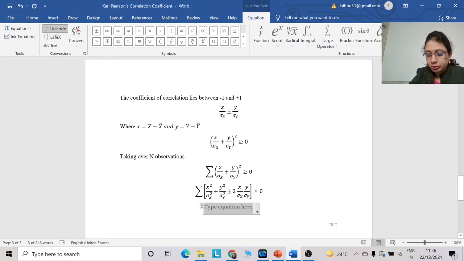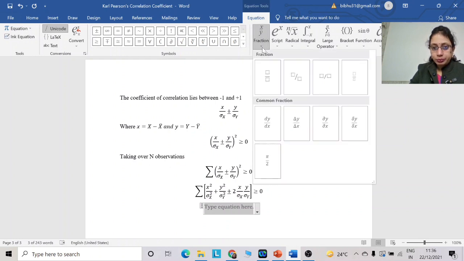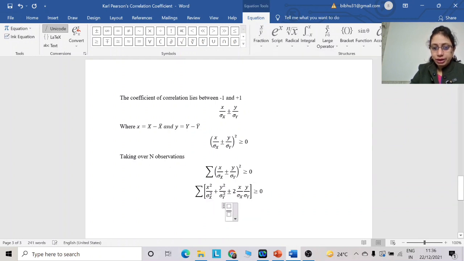In the next step, we'll multiply the summation with each term: summation of x square by standard deviation of x square, then y square by standard deviation of y square, and so on. Each item will now be multiplied. For that, I have to rewrite this equation once again.